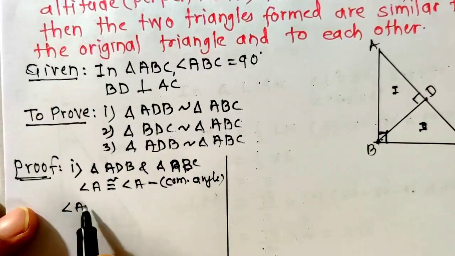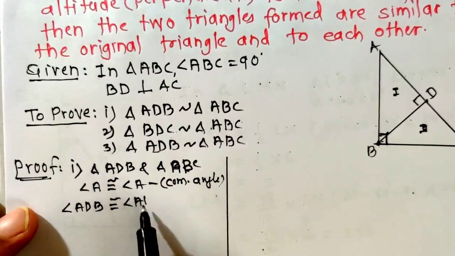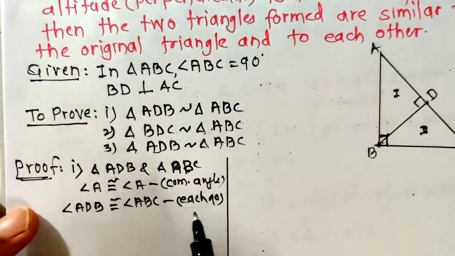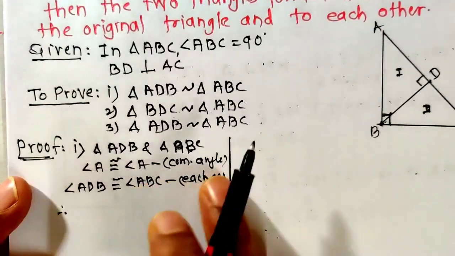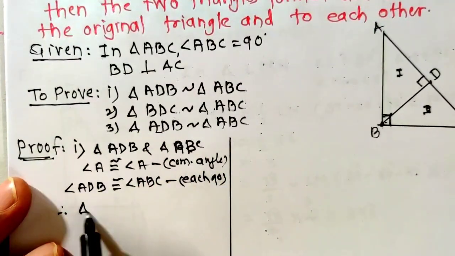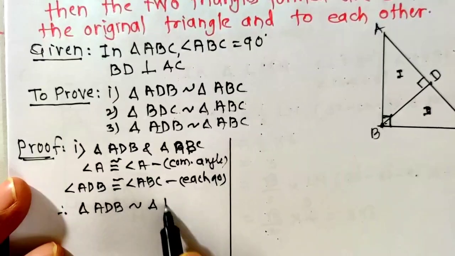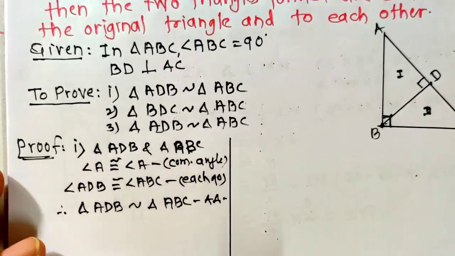Angle ADB is congruent to angle ABC, both are 90 degrees. Here two pairs of corresponding angles are congruent, that's why these triangles are similar. Triangle ADB is similar to triangle ABC by the AA test.